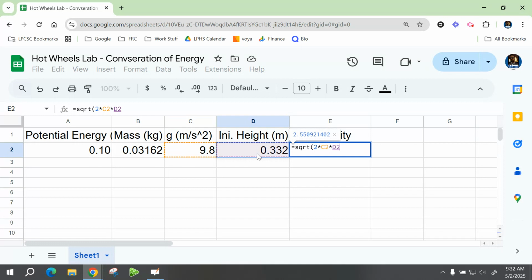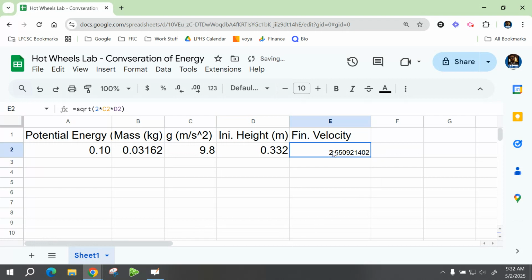Then I select the height. So SQRT, open parentheses, 2 times S2 times D2. Does everybody have that? All right, I'm going to hit enter.